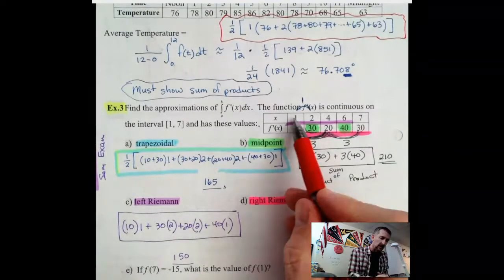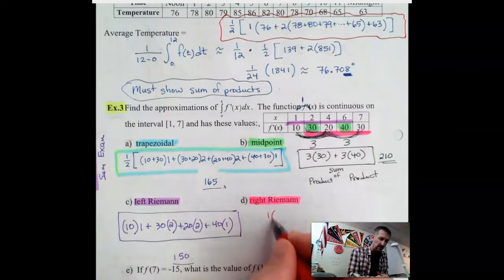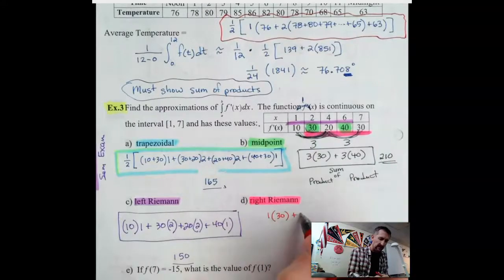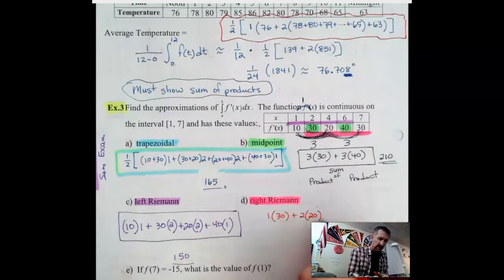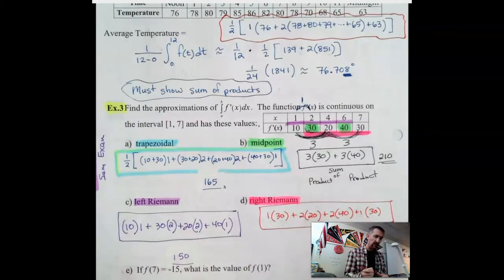Okay? So the gap here is 1 times 30. So that's going to be 1 times 30 plus 2 times 20 plus 2 times 40 plus 1 times 30. Alright? And that one turns out to be 180.